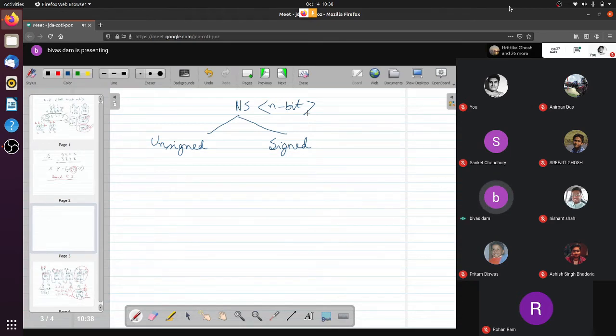So what is the range of numbers that you can realize in the unsigned number system? 0 to 2 to the power n minus 1. Very good.